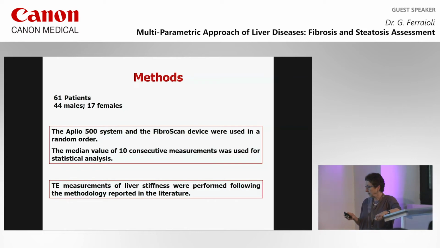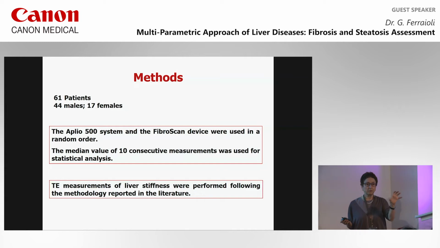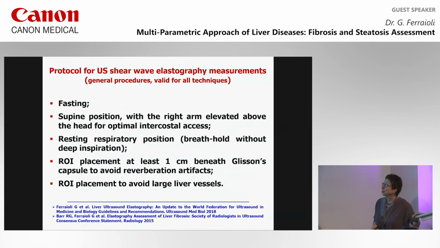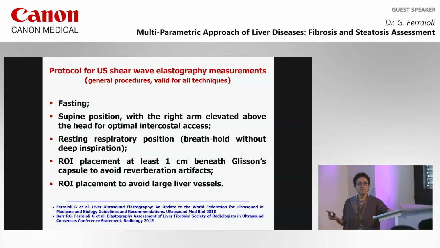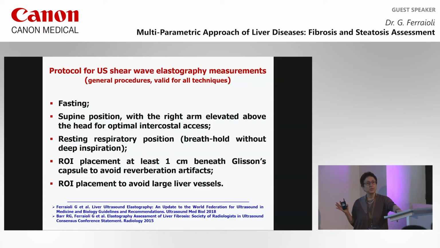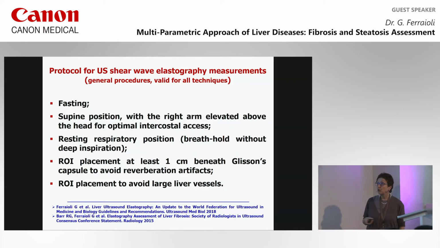And the measurements on this system were at that time performed using the median value of 10 acquisitions. Patients were fasting, in supine position, in resting respiratory position, with the ROI for measurements at least 1 centimeter below the Glisson capsule, and avoiding large vessels. This protocol is valid for all the shear wave elastography techniques.